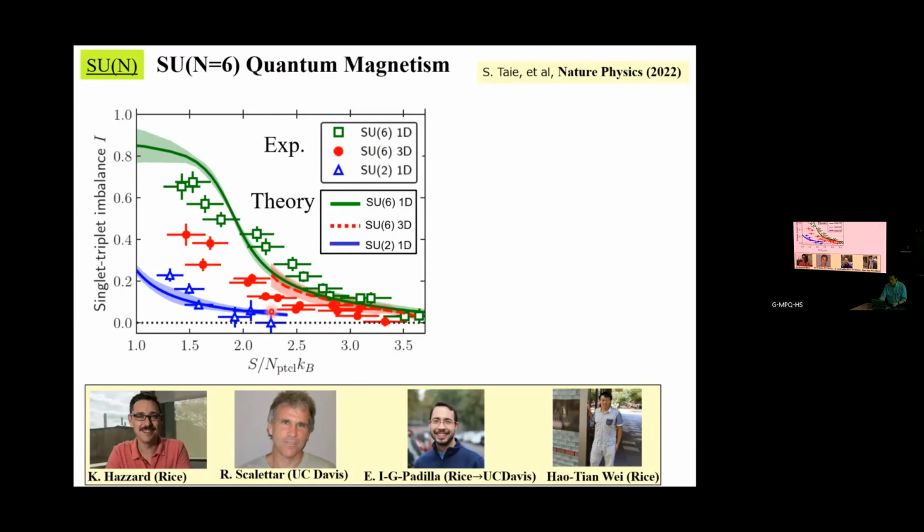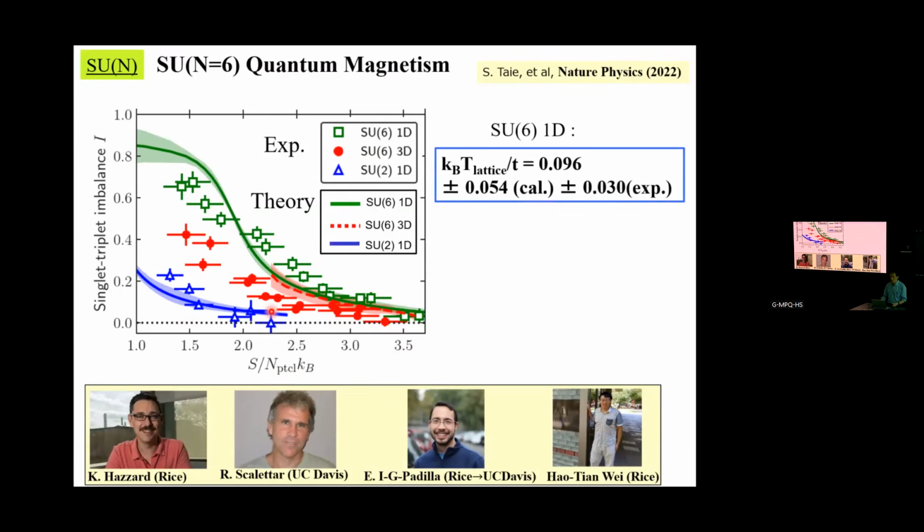In addition, in the case of SU(6) in a 1D lattice here, through the comparison between theory and experiment, we can estimate the temperature of the atoms in the optical lattice as about 10% of the hopping t.